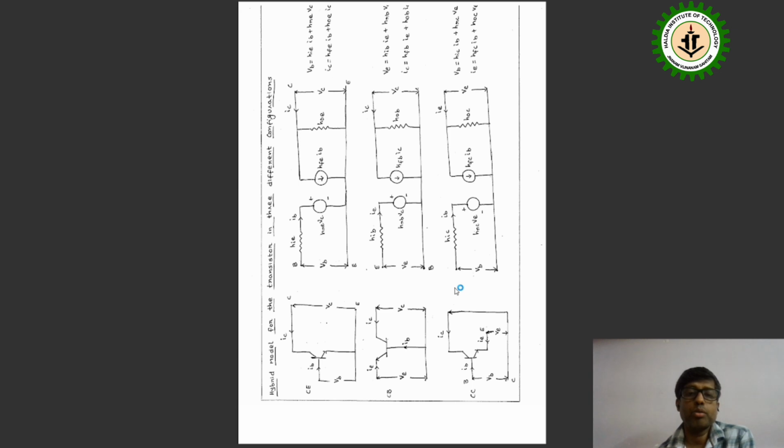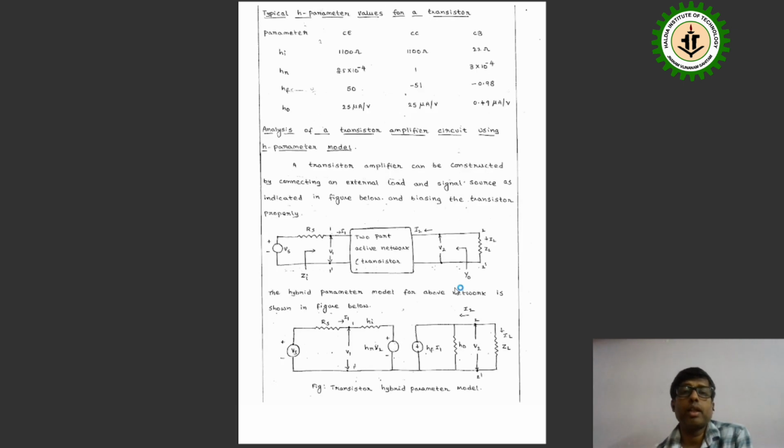The same also for the three configurations, common base, common emitter, common collector. This is very easy as we have discussed for the first equation: the subscript e will be connected for the common emitter, b for the common base, and c for the common collector.